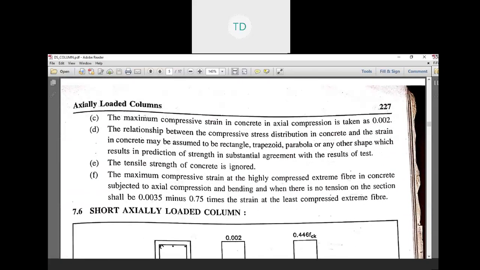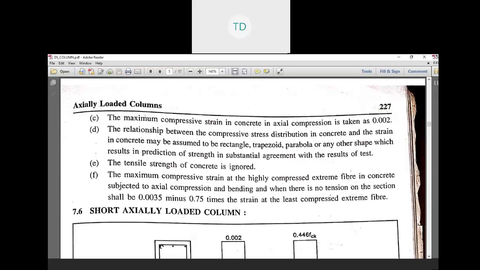The maximum compressive strain in concrete in axial compression is taken as 0.002. The relationship between the compressive stress distribution in concrete and the strain in concrete may be assumed to be rectangle, trapezoidal, parabola, or any other shape which results in prediction of strength in substantial agreement with the result of tests.